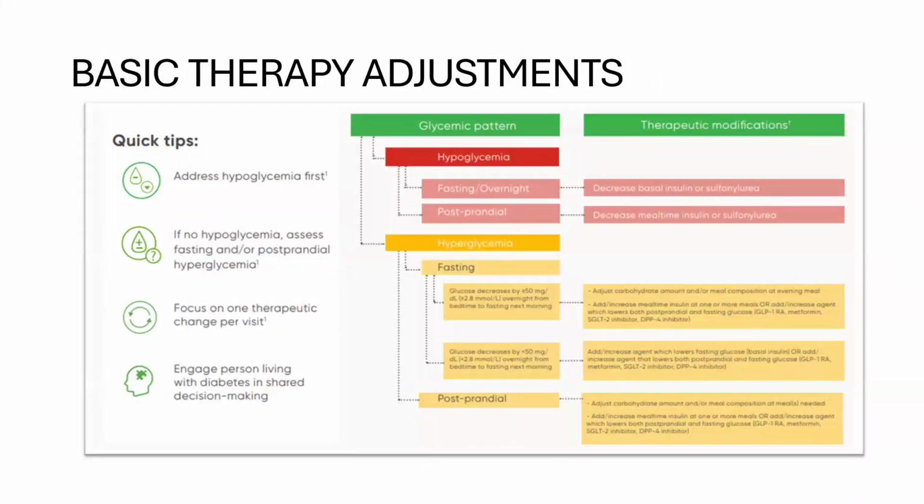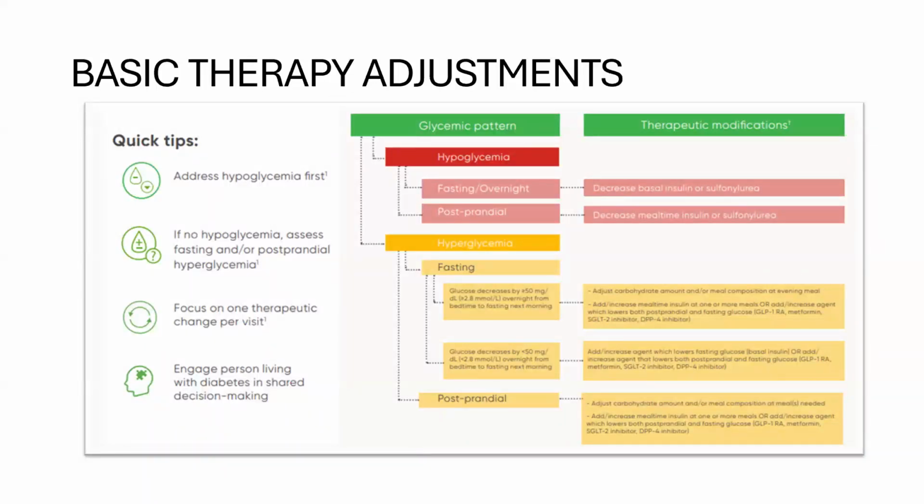So in the middle there, glycemic pattern, hypoglycemia: is it happening overnight or when fasting, or is it happening postprandial? We have some very common ways to look at this. This is certainly nothing new to anybody on the call or the webinar today. Postprandial hypoglycemia: decrease mealtime insulin or sulfonylurea. That's a really excellent way to look at it.